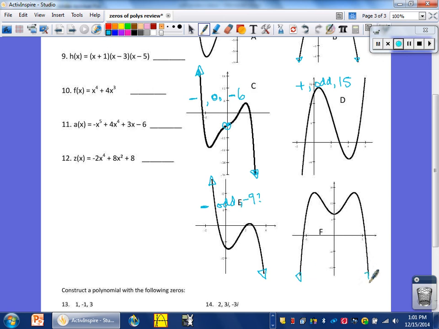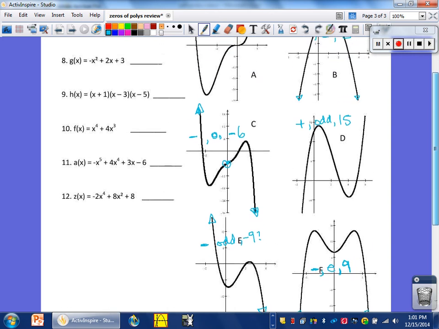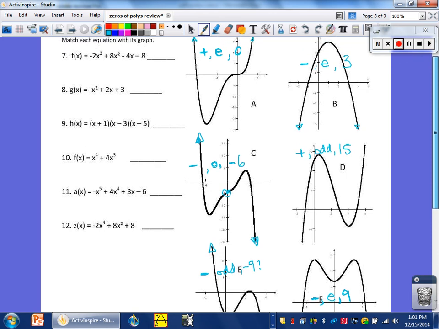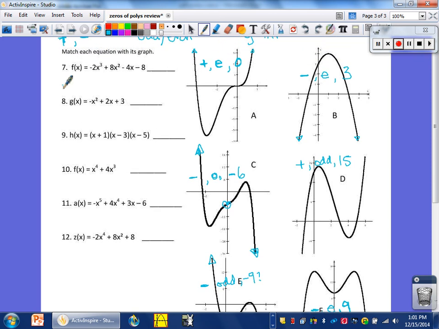And this one, once again, is negative even because it's a frowny face, and it crosses at, looks like 9. So we just have to match up each of these 6 with one of these 6 equations. So for number 7, I have a negative odd polynomial, negative odd, that crosses at -8.